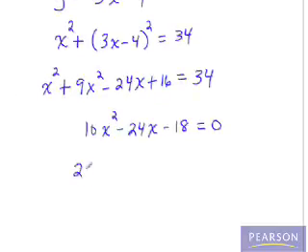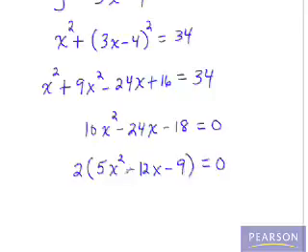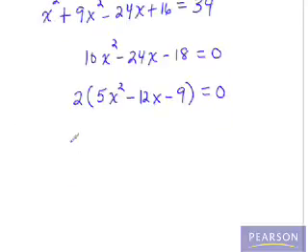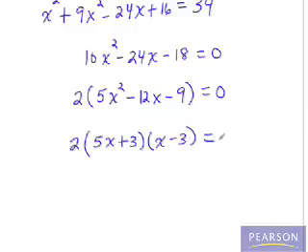We can factor a 2 out of all three terms, leaving us with 5x squared minus 12x minus 9 equals 0. And now that trinomial can be factored further. We have the quantities 5x plus 3 and x minus 3, and we'll set each factor equal to 0 other than 2.